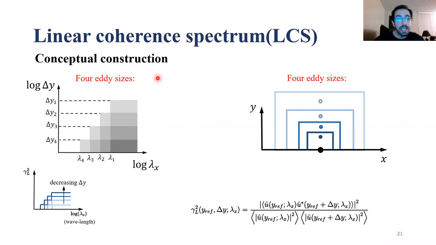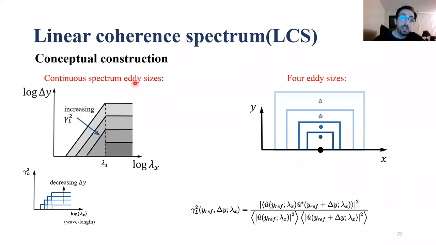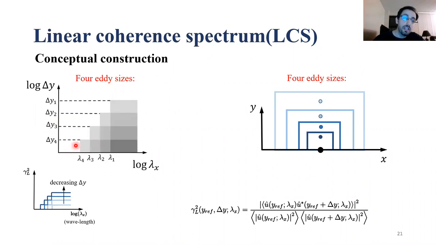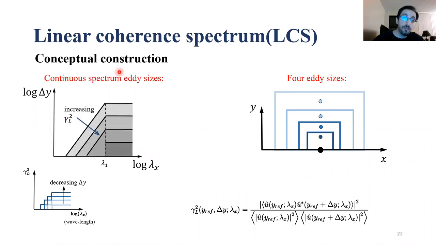Now, if we had a more realistic type of flow, where we had a continuous spectrum of eddy sizes, it's not difficult to show that these staircase isocontours converge to these smooth isocontours.